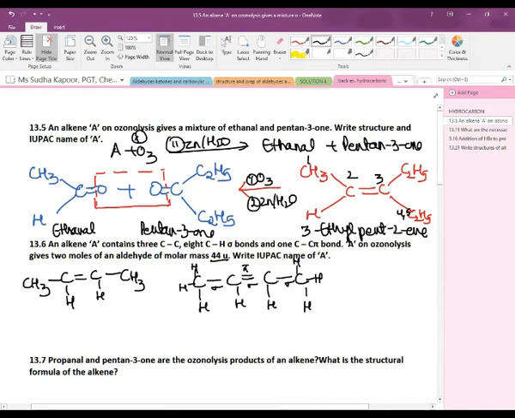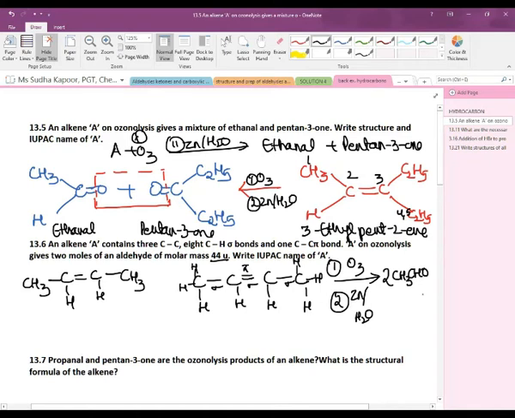So it is well confirmed that it is going to be but-2-ene, because but-2-ene on ozonolysis followed by zinc and water is going to give us 2 moles of ethanal. So the first step is O3, and the second step is zinc and water, and it is going to give the final product as 2 moles of CH3CHO.